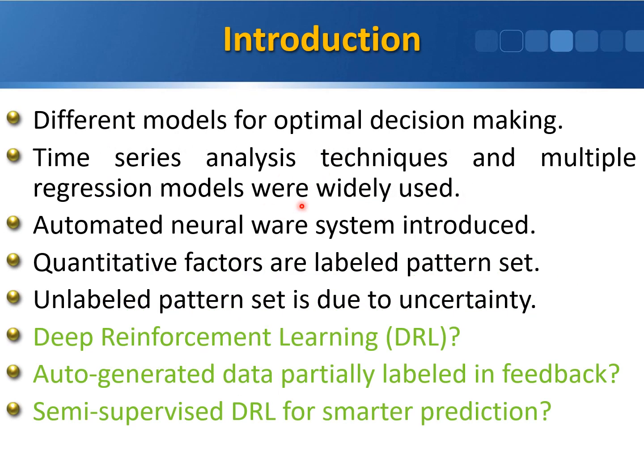During the past few decades, different mathematical models have been used for optimal decision making for stock market prediction. Statisticians have used time series analysis techniques and multiple regression models for the past 4-5 decades to predict the stock market. But there are some drawbacks to that.